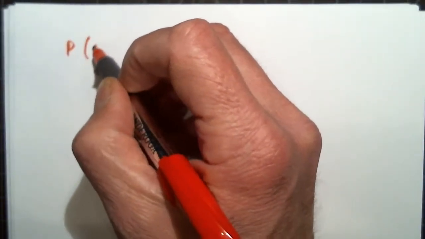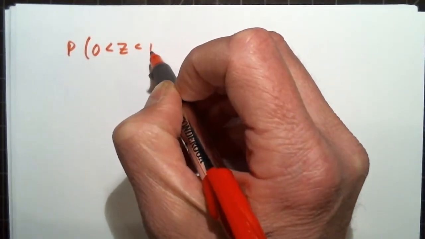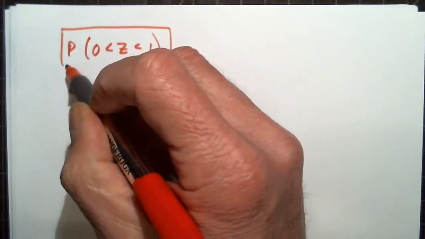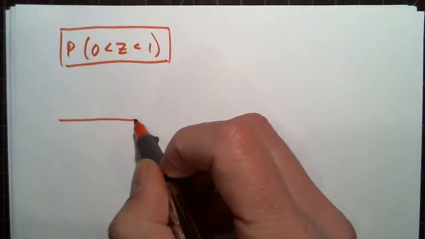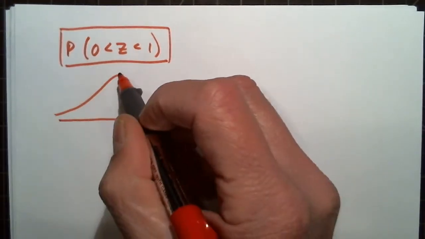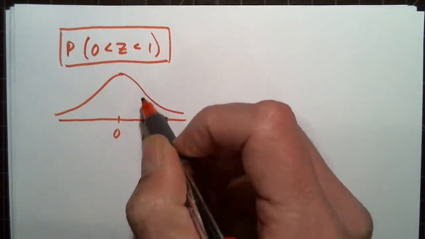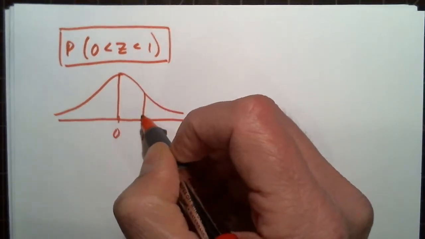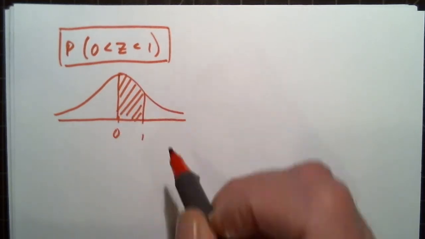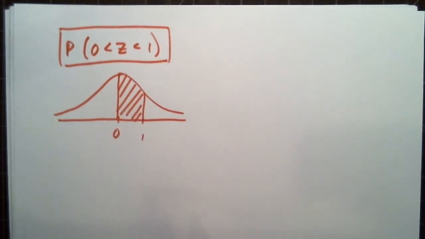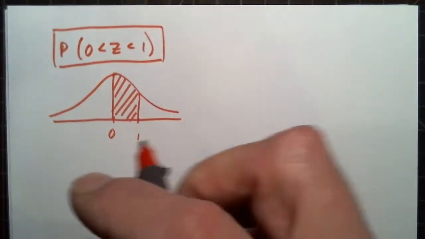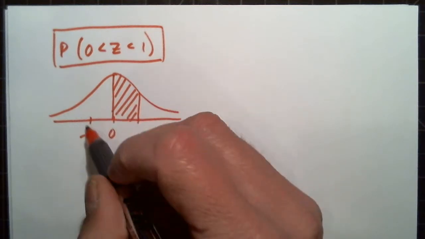Find the probability that 0 is less than z is less than 1. Pause the video and try that on your own. Always draw the distribution. We're going from 0 to 1. So then we think back to the empirical rule, which says that -1 to 1 is 0.68.